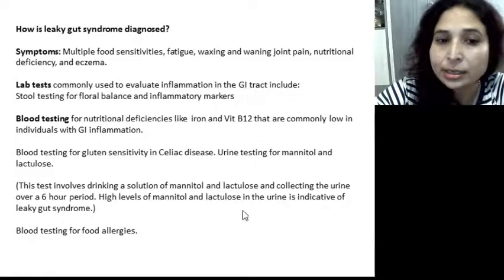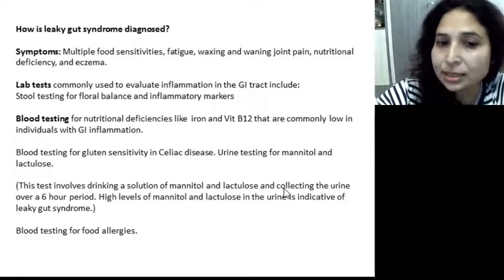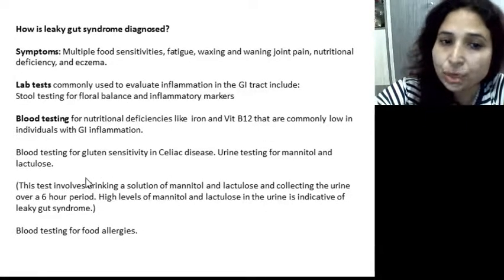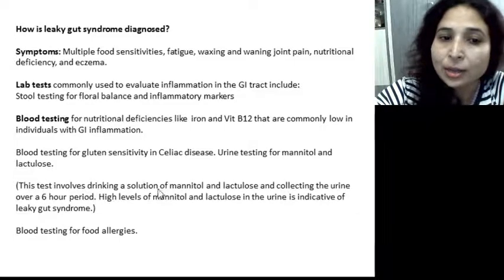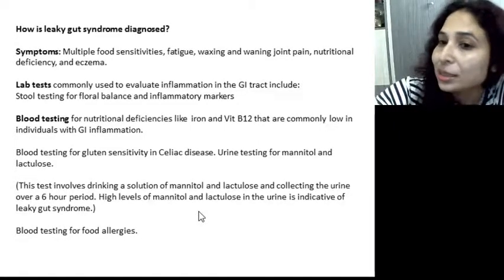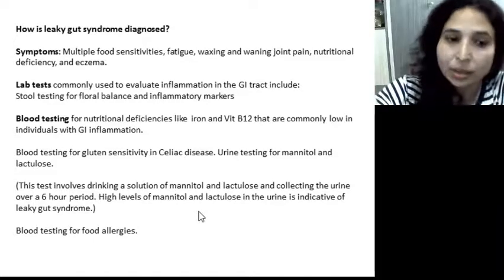So as I already said, the leaky gut condition can be diagnosed by the blood test called zonulin. There is another test called the mannitol lactulose test, in which the urine is collected after 6 hours of ingestion of these two sugar molecules. High levels of mannitol and lactulose in the urine are indicative of leaky gut syndrome.